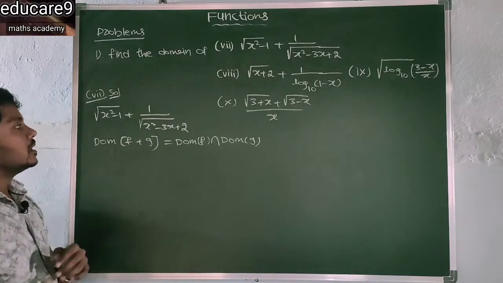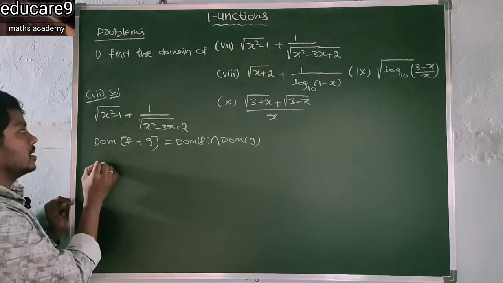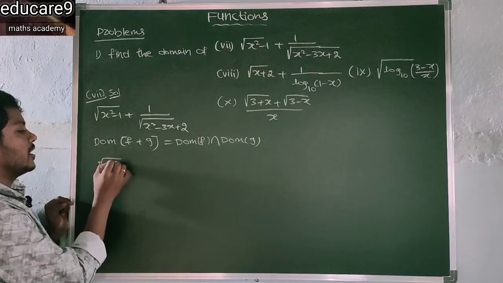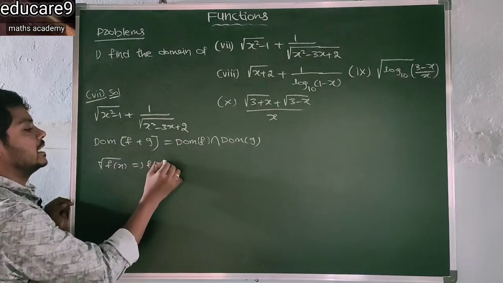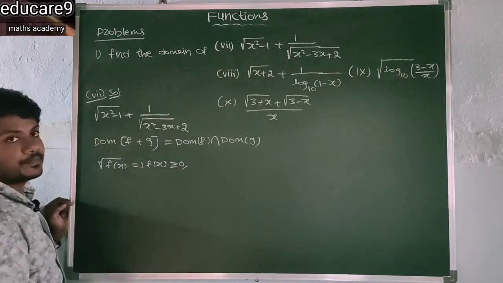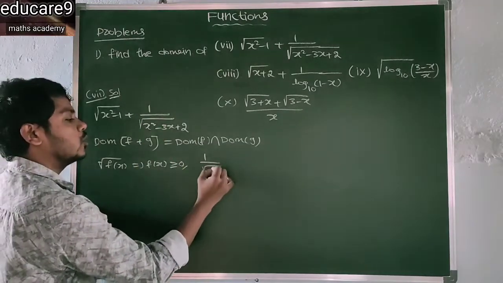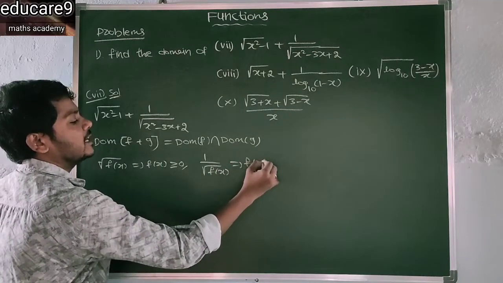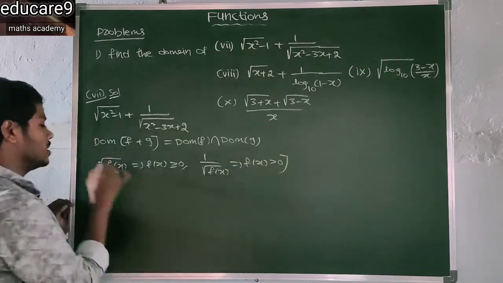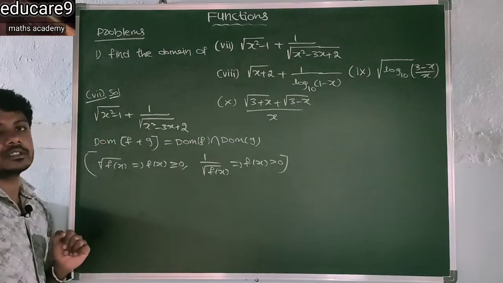Okay. Now clear it in the form of root f of x. So for root f of x, f of x is greater than or equal to 0. And here it is in the form of 1 by root f of x. In this case, f of x is greater than 0. So you have to apply these two conditions for the given functions.